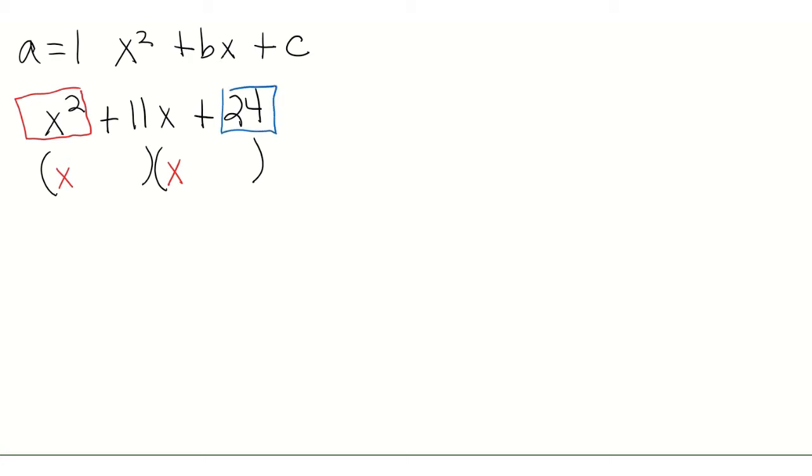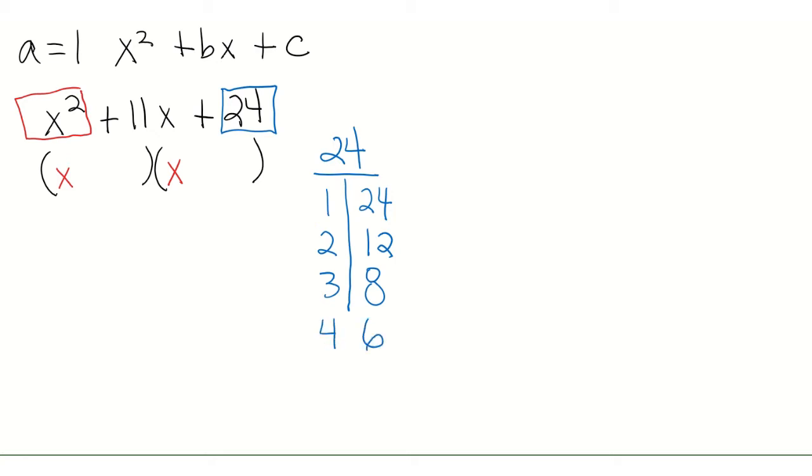Then I'm going to factor my third term. So that's 24, and that breaks down into the factors of 1 and 24, 2 and 12, 3 and 8, and 4 and 6.